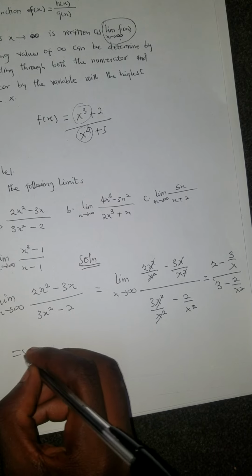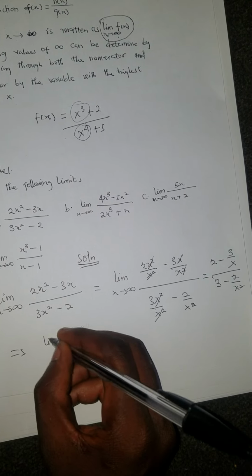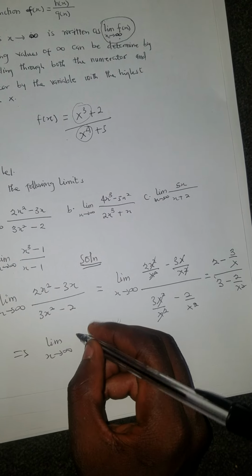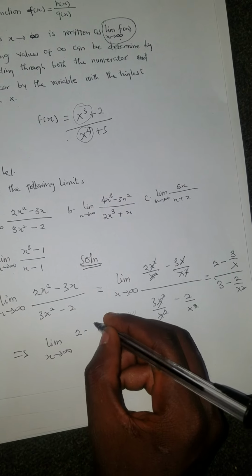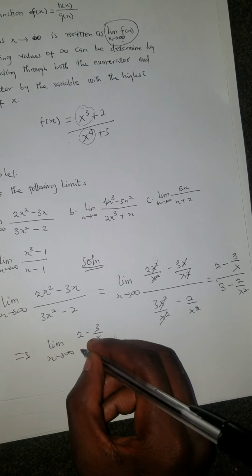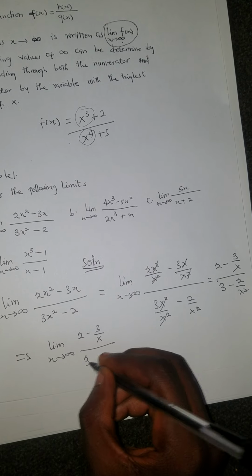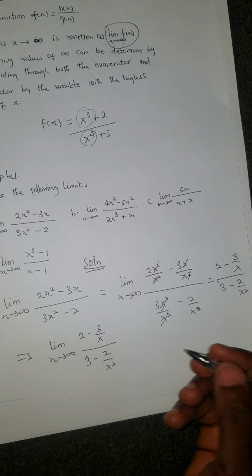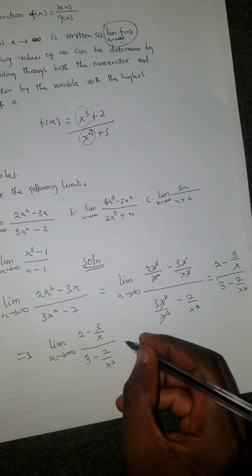Now, this implies that the limit as x approaches infinity of 2 minus 3 over x all over 3 minus 2 over x square. Now you can substitute infinity inside.